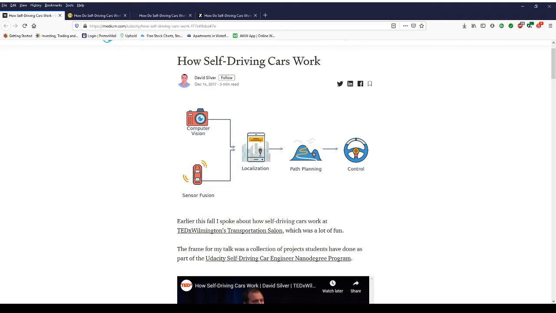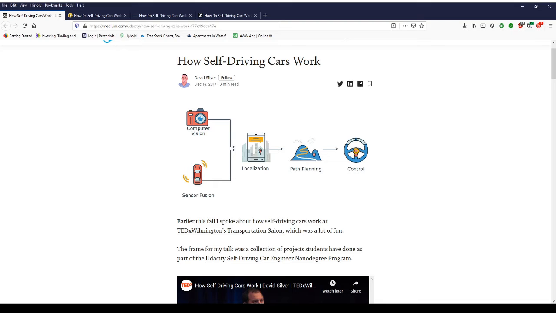Another stage is localization. Here, basically, the car needs to know where it is. One of the common technologies is GPS, like the one you use on your phone. This is used to localize the vehicle. It needs to know where it is in order to make a plan. The car needs to know where to go, where it is, and make a plan, a path in order to drive.